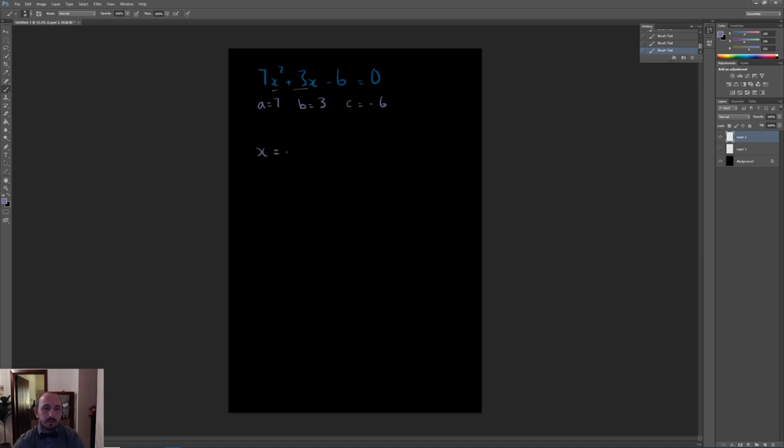Our formula, which is in the front of the book: minus b, minus 3, plus or minus the square root of b squared minus 4 times 7 times negative 6, all divided by 2 lots of a.